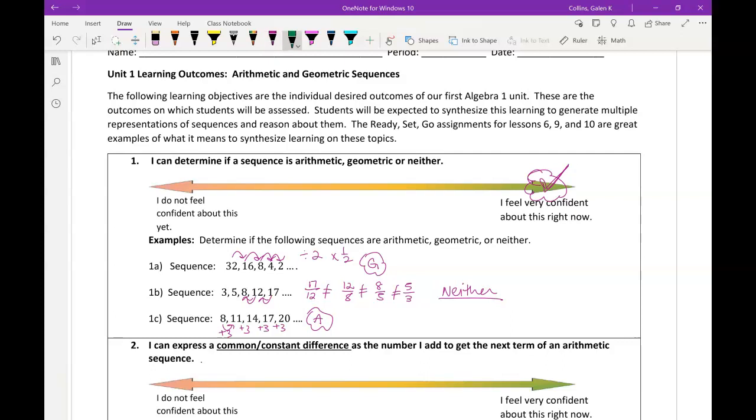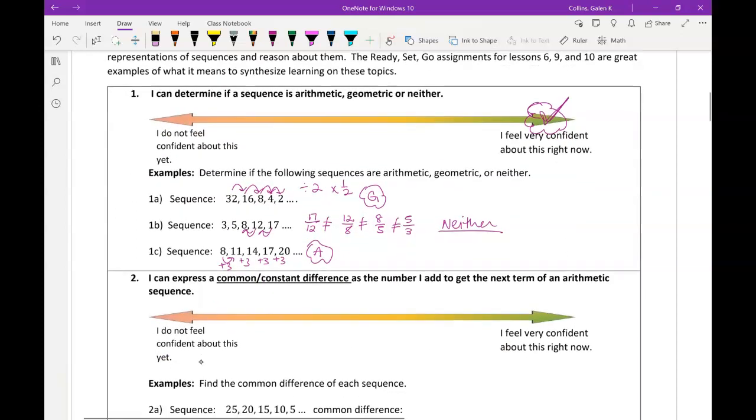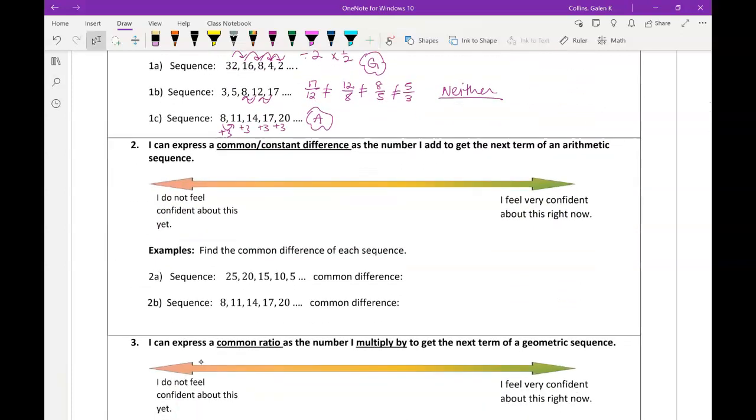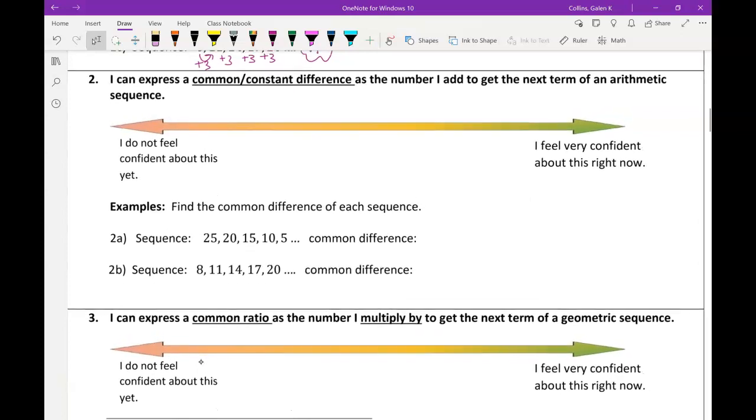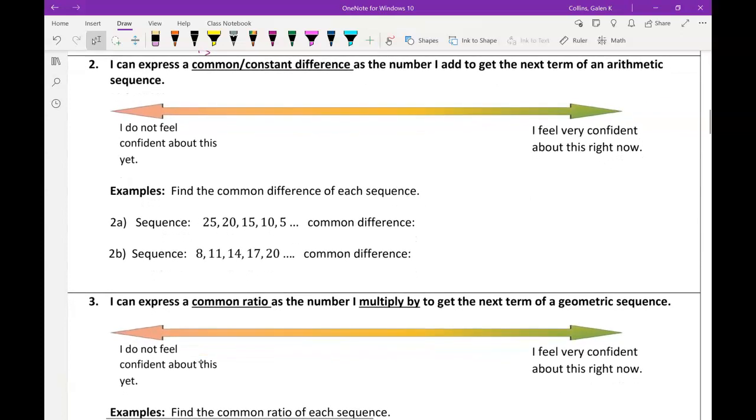But if you are feeling somewhere in the middle, or especially if you do not yet feel confident about this, let your teacher know or get some help in the tutoring center with either a peer tutor or in the math resource center with a teacher tutor. And if you're not sure how to do that, see your teacher, which may be me, depending on who's watching this video, for help.